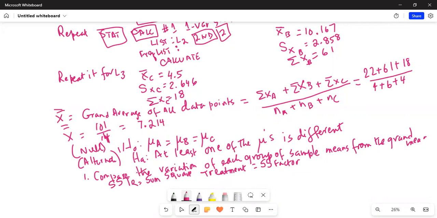So first we compute. So let's erase this.